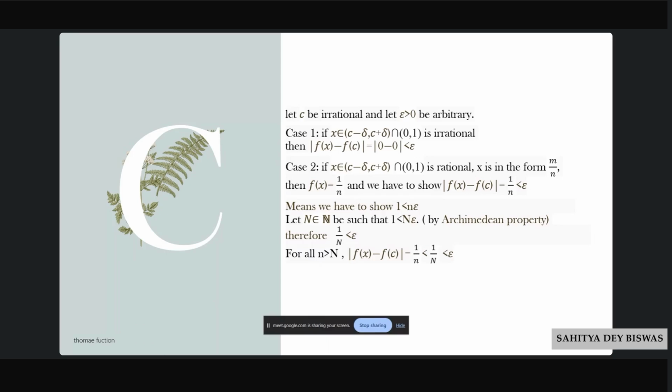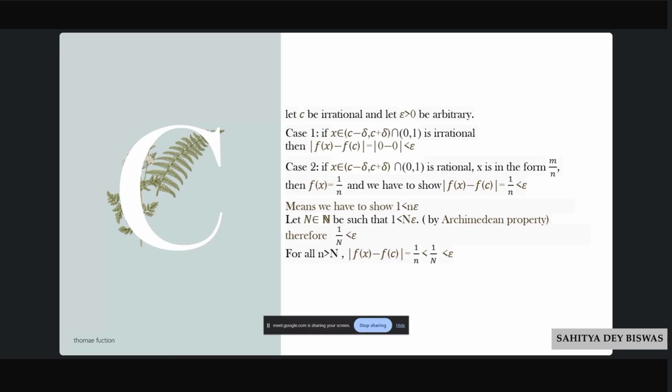Now, for all small n greater than or equal to capital N, 1 by small n is less than or equal to 1 by capital N. So the modulus of f(x) minus f(c), which equals 1 by small n, is less than 1 by capital N and less than epsilon. So we are also done for those rational numbers whose denominator is greater than capital N.